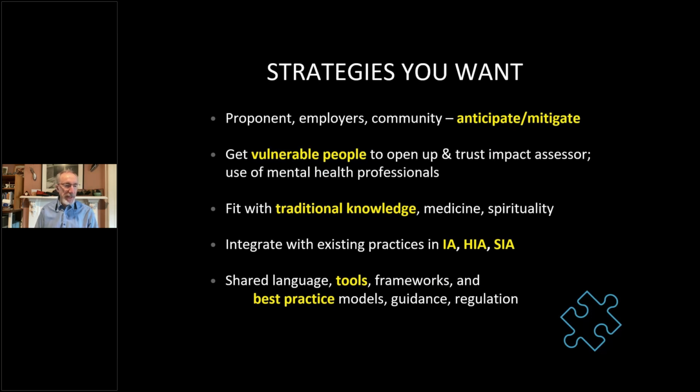How does this analysis fit with traditional knowledge, traditional medicine, and spirituality? How do you integrate psychosocial impact assessment with more general impact assessment, health impact assessment, social impact assessment? And how can we develop a shared language, tools, and frameworks and identify best practice models, guidance, and regulation?